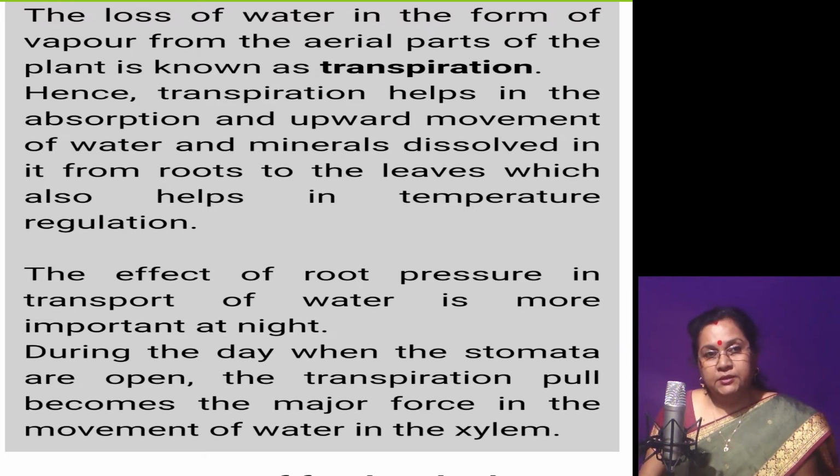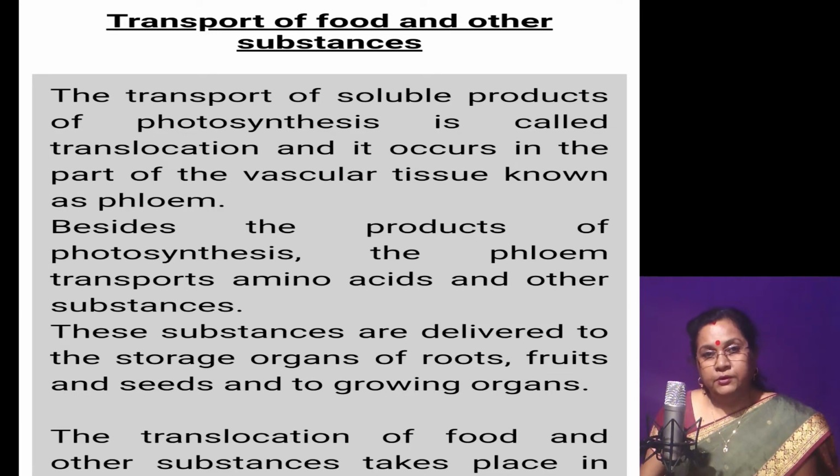Now let us discuss translocation, the mechanism of transport of food in plants. The transport of food and hormones from leaves to other parts of the plant is called translocation, and it takes place through the phloem tissues.